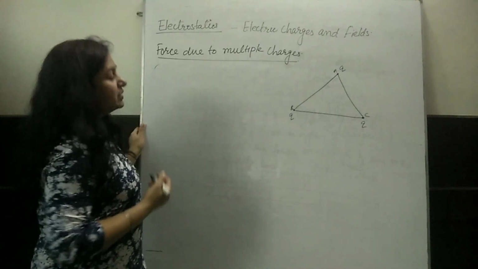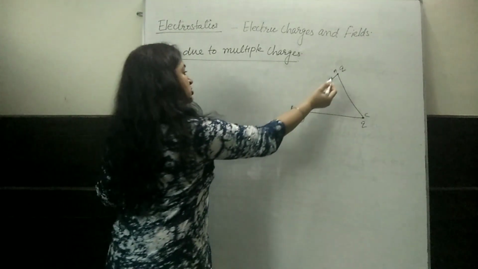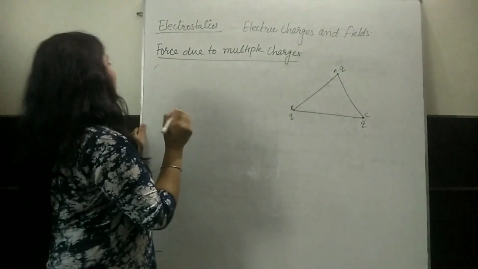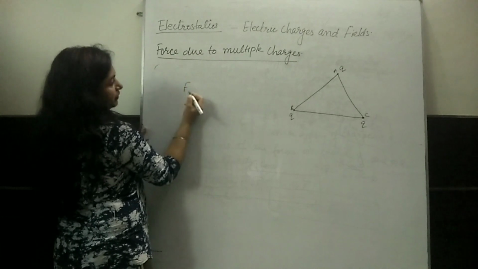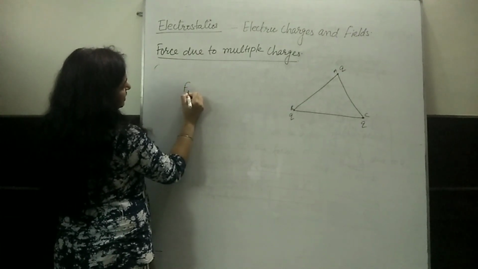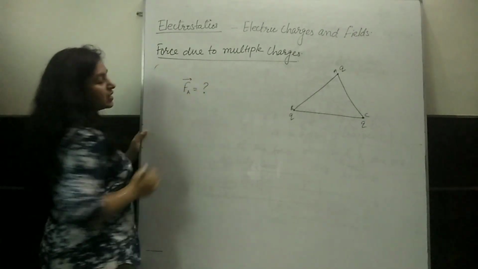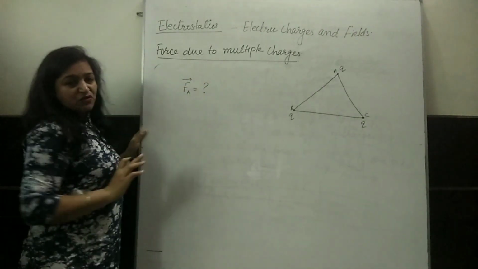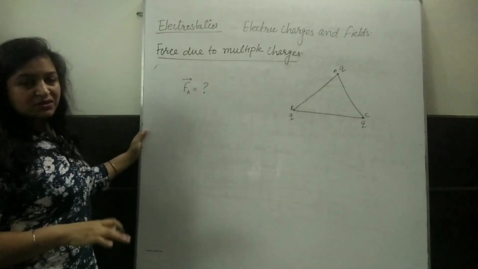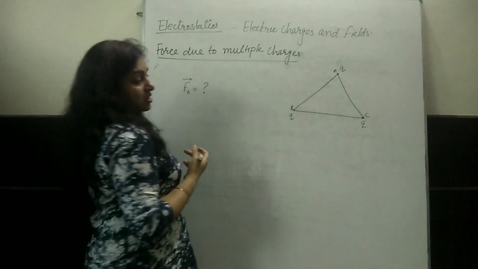Now we want to find the force on the charge placed at point A. I want to find the magnitude as well as the direction, so I am putting a vector here. How can we start? We need to see how many other charges are present.